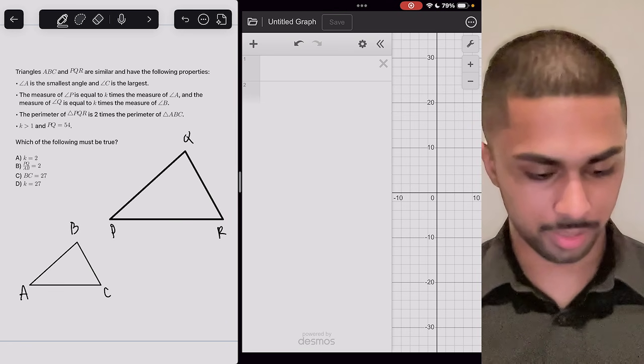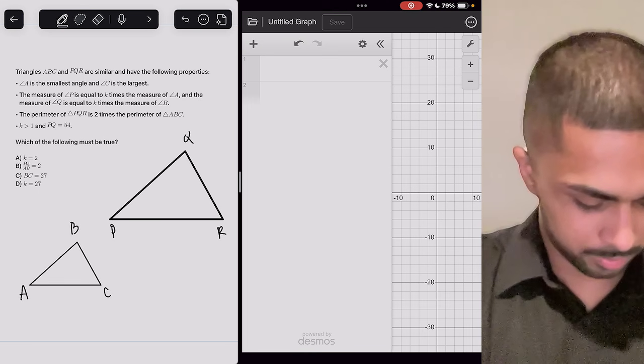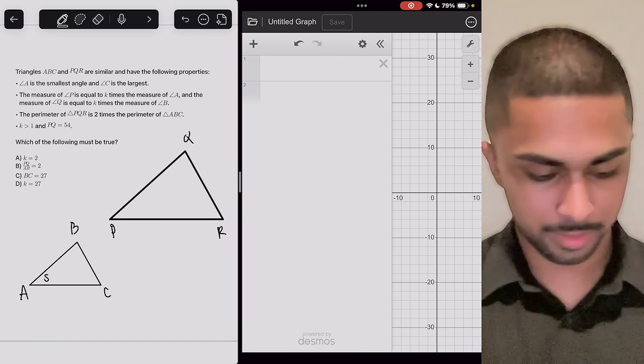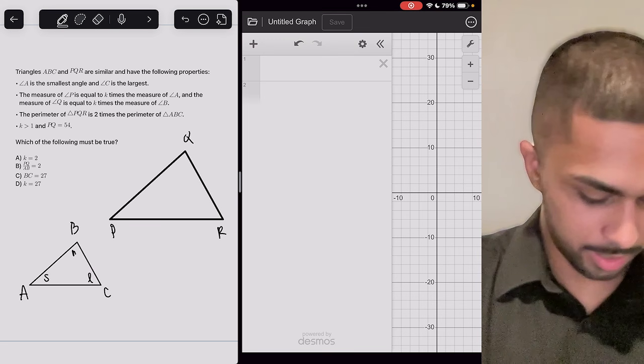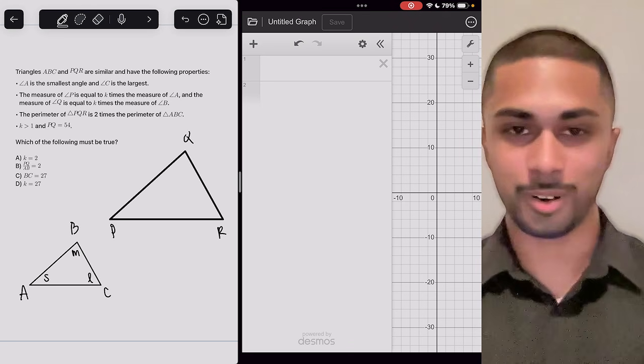A is the smallest angle, so I'm going to label it as S. C is the largest, L. And then I'm going to label B as M for medium.